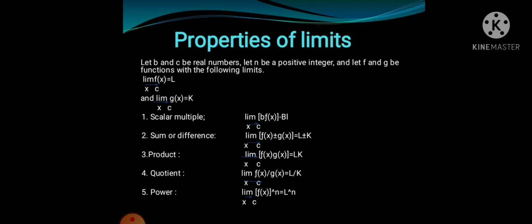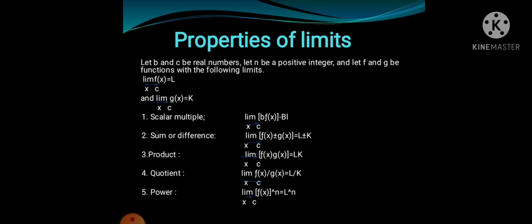For number 2, sum or difference: the limit of f(x) plus or minus g(x) equals L plus or minus k, as x approaches c. For the product, the limit of f(x) times g(x) equals L times k, as x approaches c.